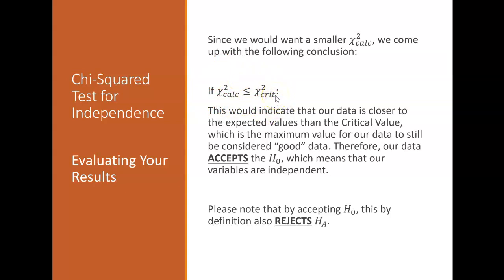Or alternatively, what else can we compare? P-value to alpha, right? And the relationship there is reversed. If P is greater than or equal to alpha, we accept the null, because remember, as P goes up, the chi-squared calculated is getting smaller, right?